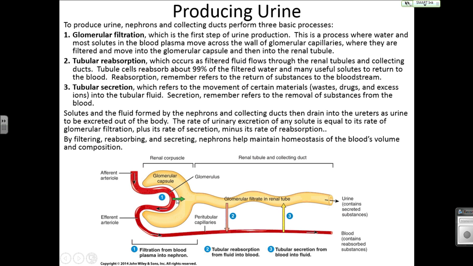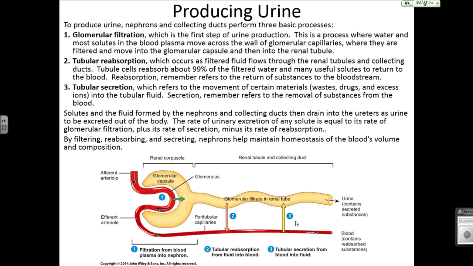Now, it says here in the figure 1, 2, and 3, but you have to know that steps 2 and 3 are not chronologically ordered. Doesn't necessarily mean that we do reabsorbing and then secreting. Those processes are happening together at the same time. Does that make sense? So at some points we're pulling stuff into the blood.